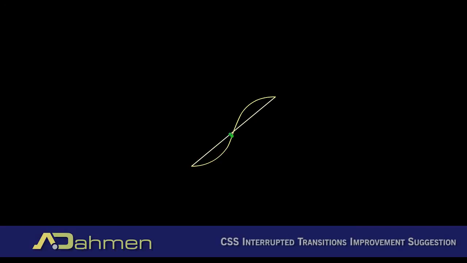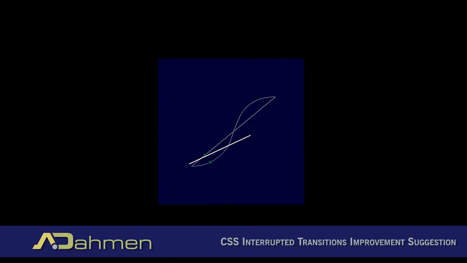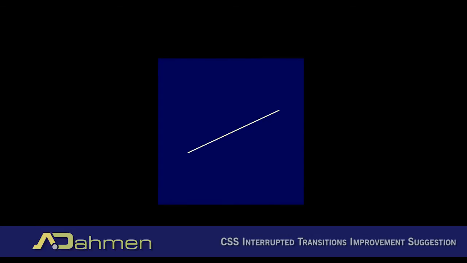Let's start by examining a transition having a standard easing function applied. When transition 2 interrupts transition 1, we've already reached a certain property value and transition speed at this point.